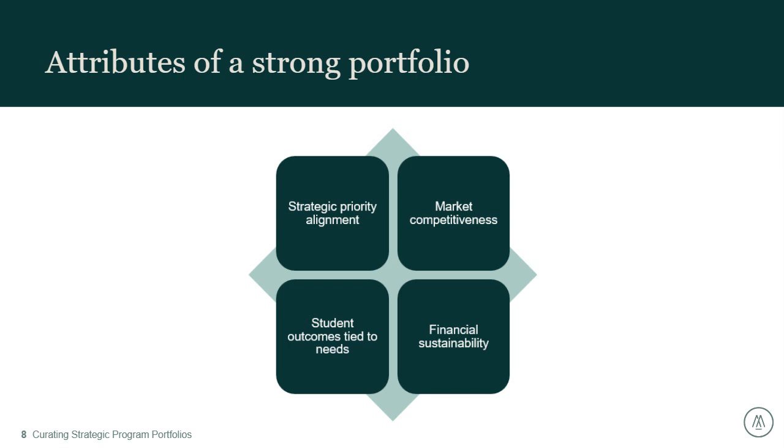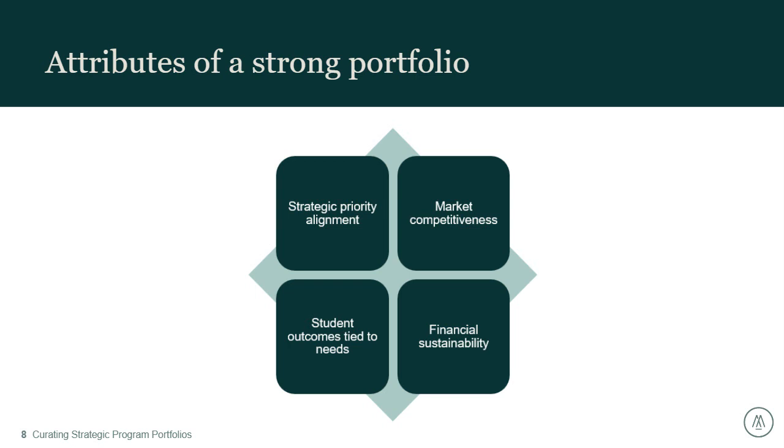Do they all need business majors? The duplication didn't allow those institutions to be strategic and be known for something a little bit different. They were all the same flavor, all competing for the same students. So that's one look at market competitiveness.